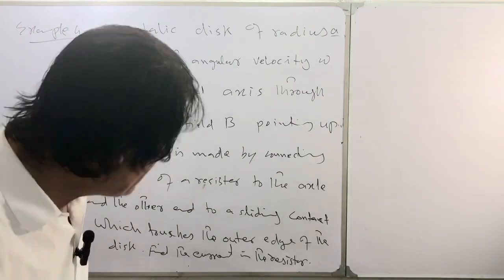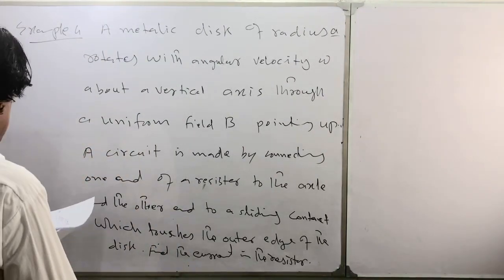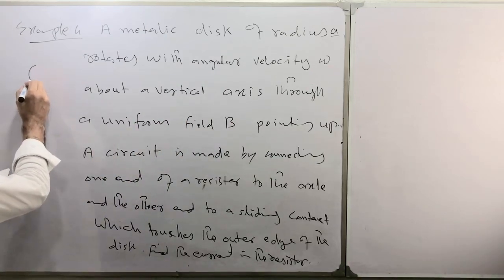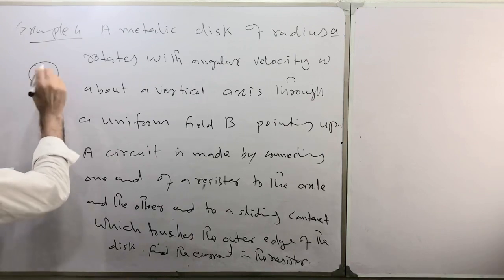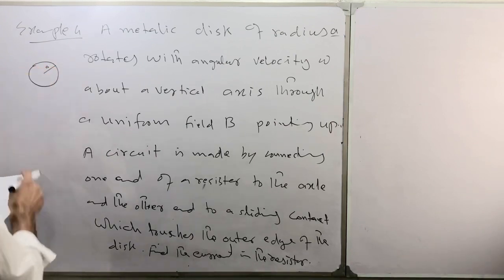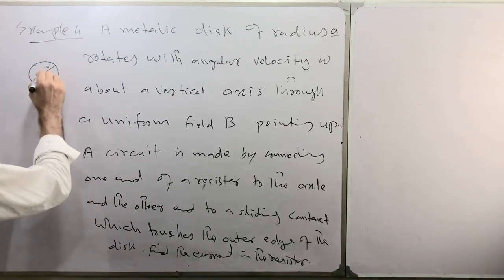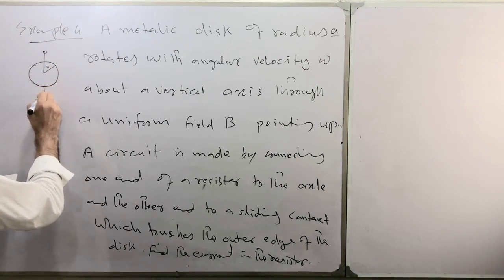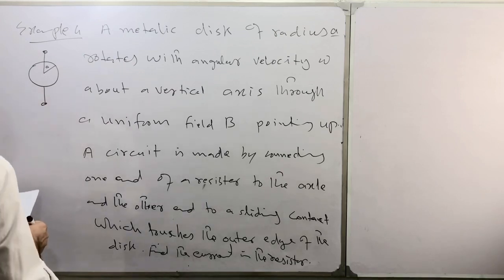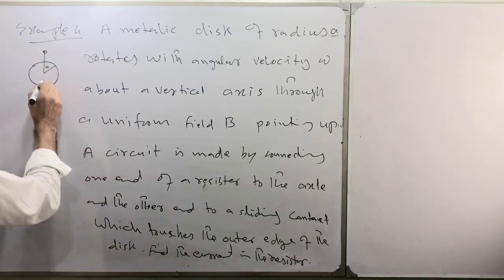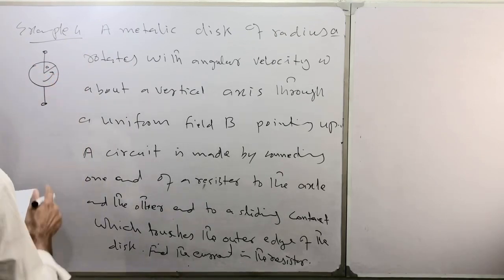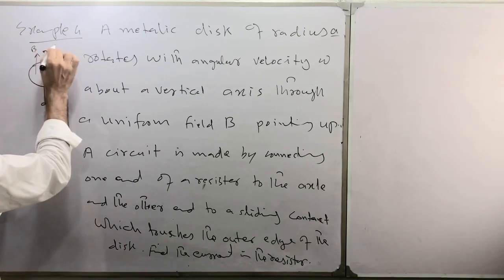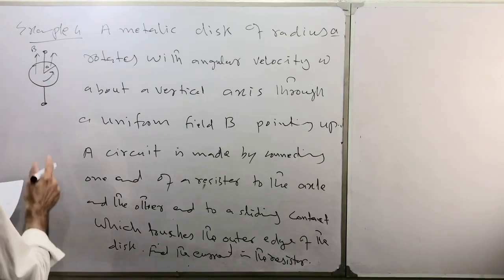What the statement says is: a metallic disc which has a radius A, and this is an axle, and it rotates with angular velocity omega, and here is the magnetic field in this direction.